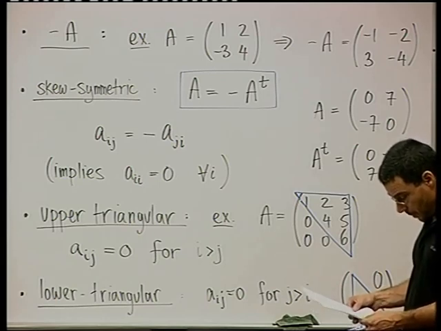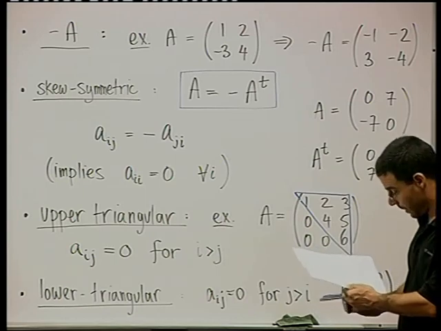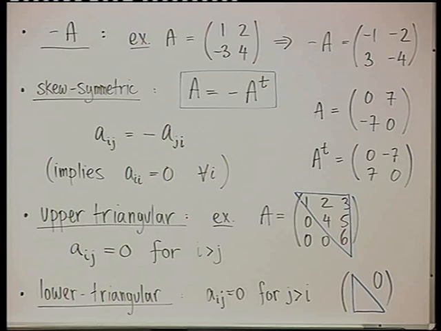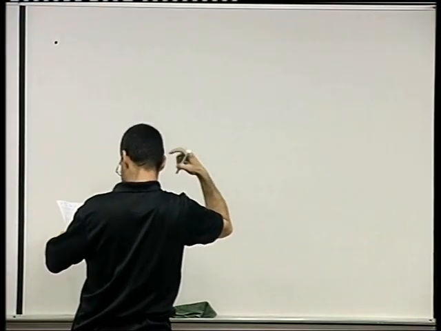Okay, so I wanted to mention two more very short terms. A matrix with just one row is called a row vector.